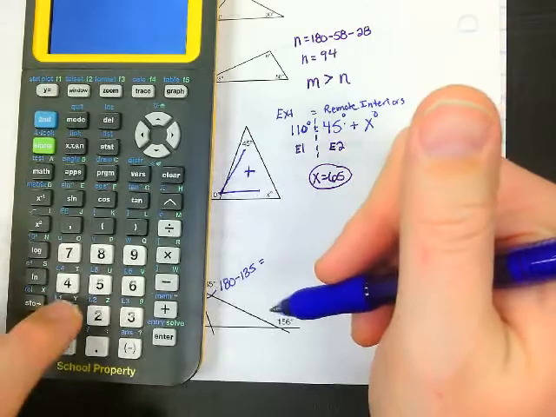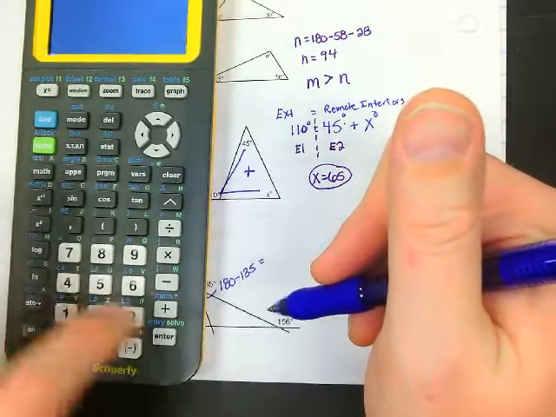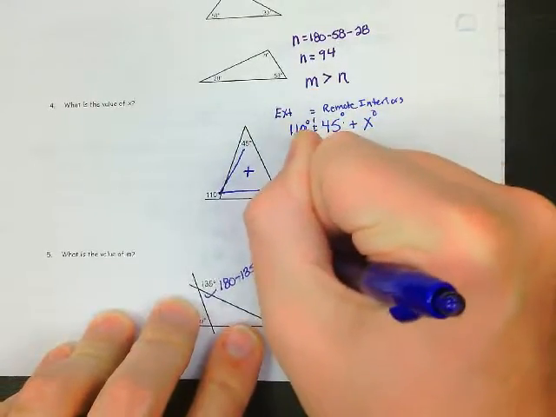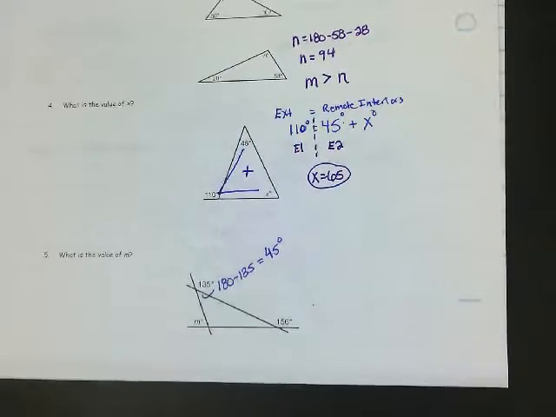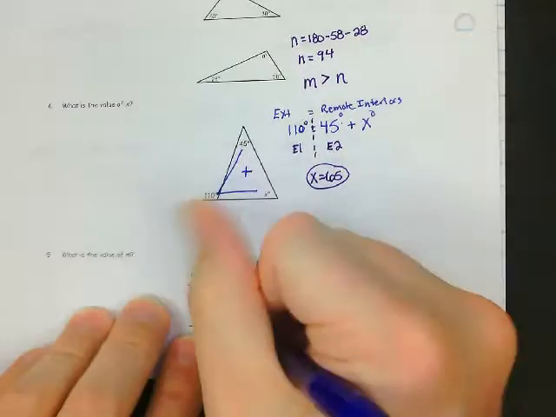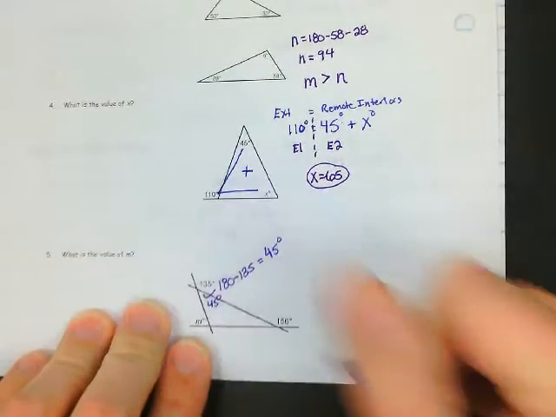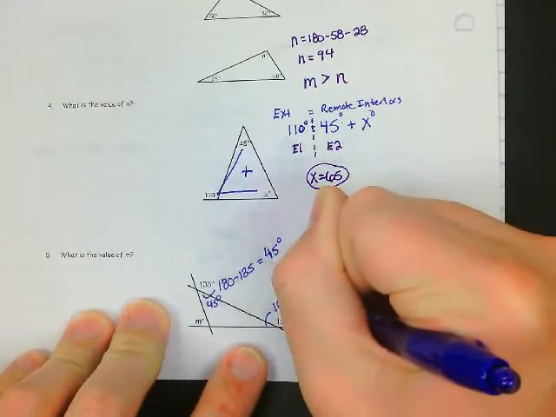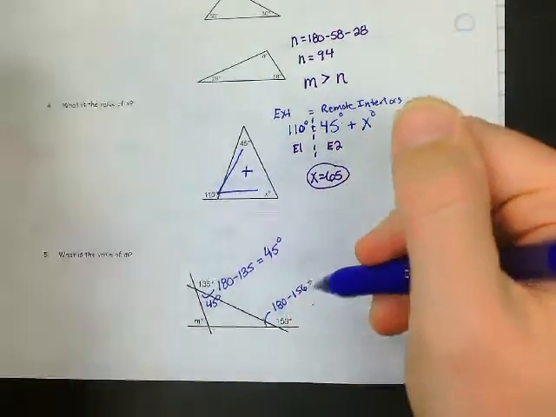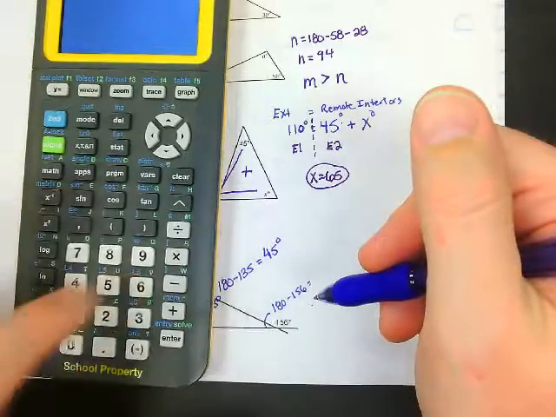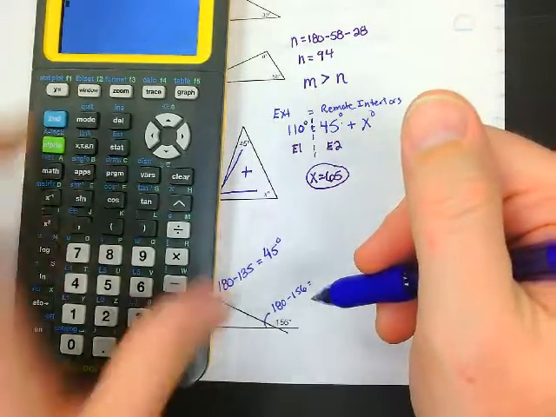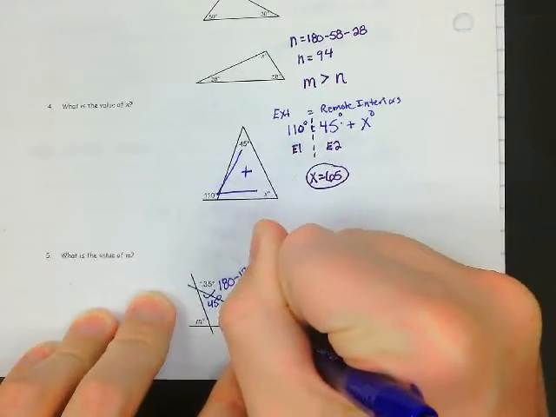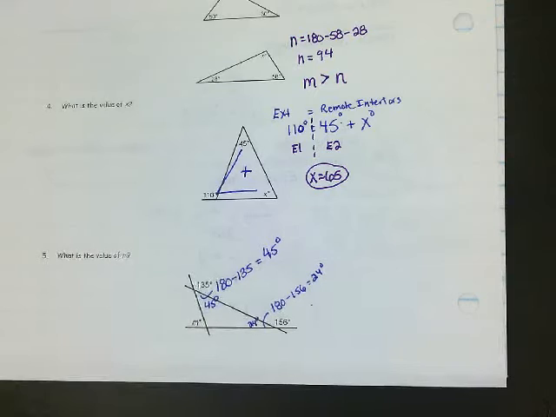So I get my handy-dandy calculator here, 180 minus 135, I get 45 degrees. So I'll put a 45 right there. This angle right here is 180 minus 156 degrees. 180 minus 156 is 24. So this is 24 degrees.